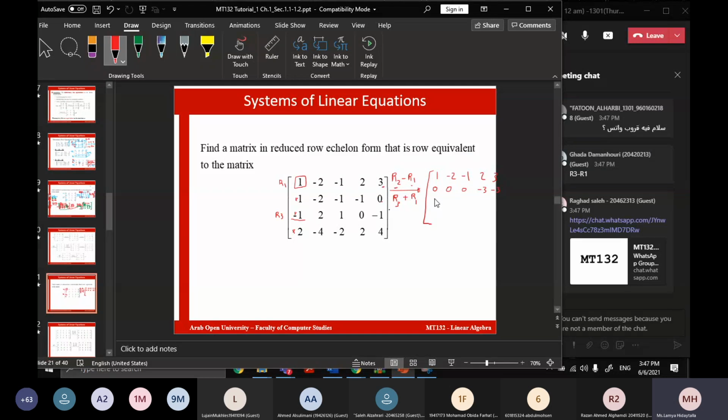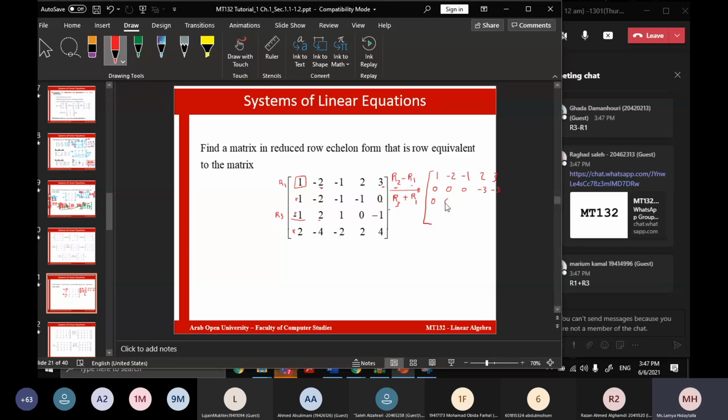So what's it going to be? Minus 1 plus 1, 0. 2 minus 2 is 0. 1 minus 1 is 0. 0 plus 2, 2. Minus 1 plus 3 is 2. Correct?